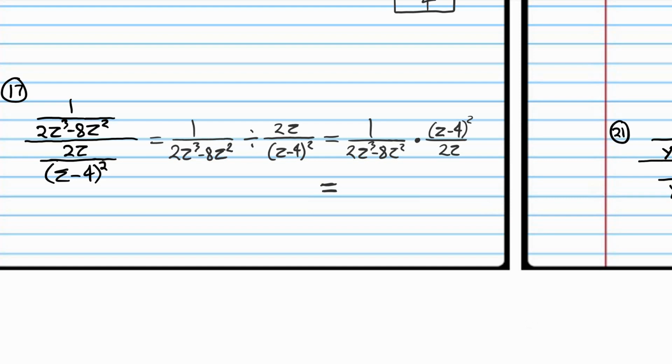All right, so now we're going to factor this expression. We can pull out a 2z squared. Whoops, that should be z minus 4.